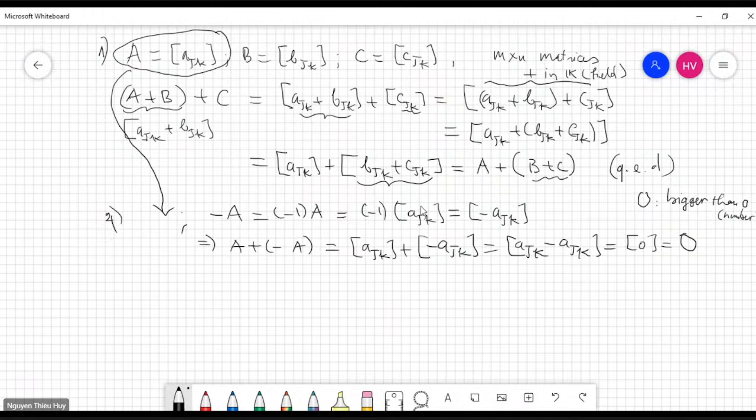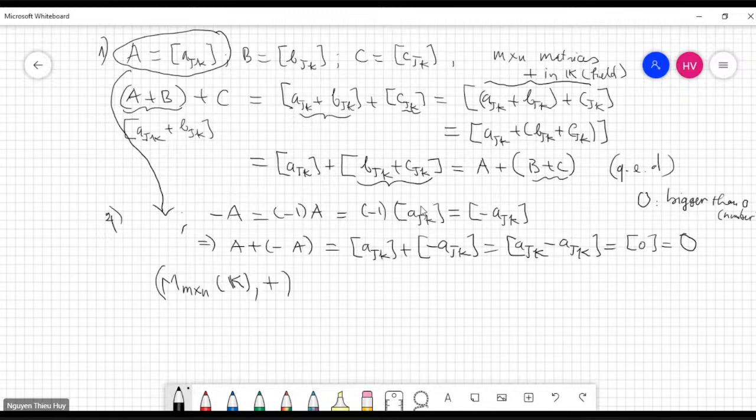And now I ask you: if I put M_{m by n}(K) as the set of all matrices of size m by n, so m rows and n columns, so that we can do the addition in this set, then what is the name of this structure?